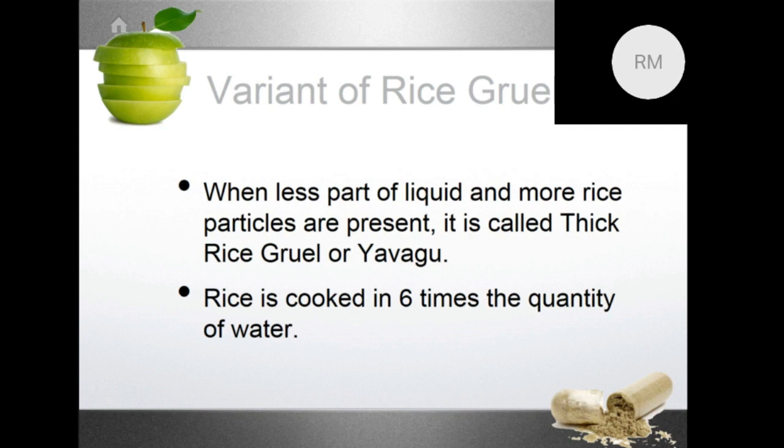So here is another variant of the rice gruel. When rice is cooked in 6 times the quantity of water, and there is less liquid and more rice particles, it is called a thick rice gruel. What is important to understand is the difference between the strained rice water, the thin rice gruel, the thick rice gruel, and the fully cooked rice, their proportions, and in which condition you can apply them.